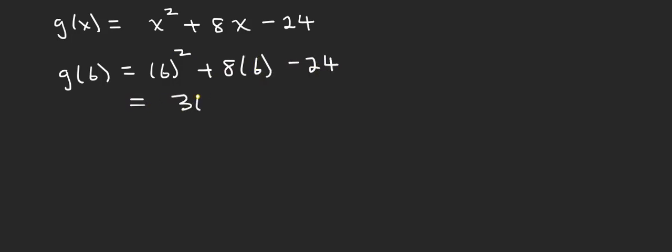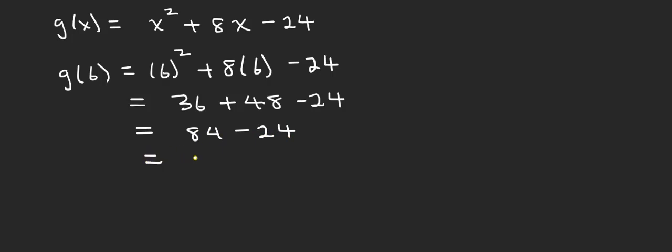And you will get 36 plus 48 minus 24, which is going to be 84 minus 24, and that's 60. So g of 6 is 60. This means when x equals 6, the y value will be 60.